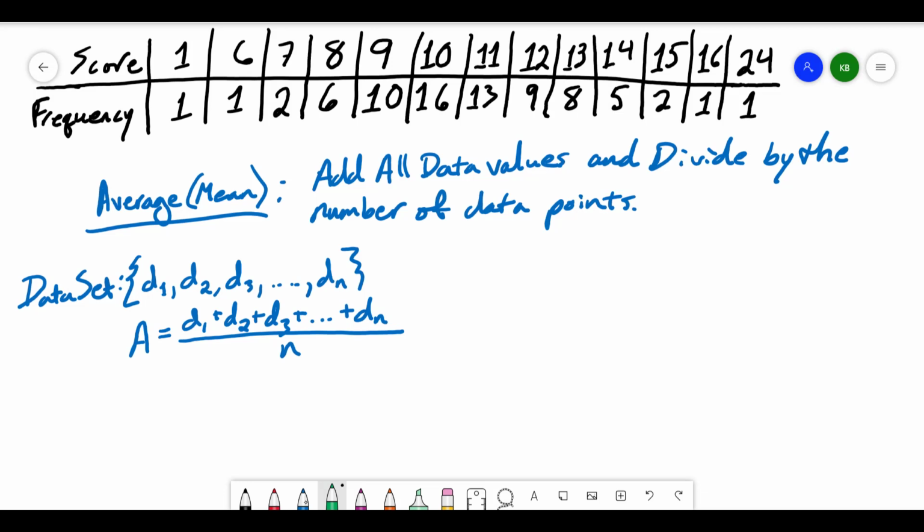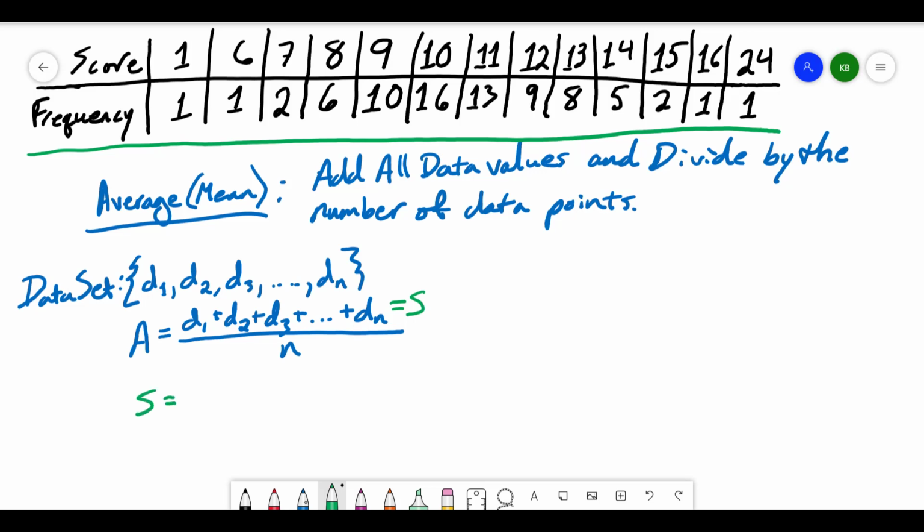So let's take a look at my chart that I have up here. I have a data set where I'm given the data points and then how many of them there are for each. So if I want to know what my sum equals of all of my data points, I'm going to find that sum by taking data point 1 and multiplying it times its frequency.